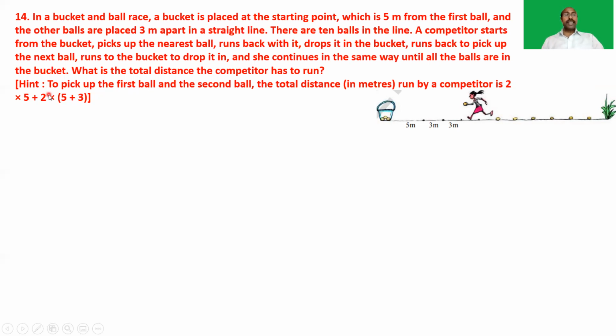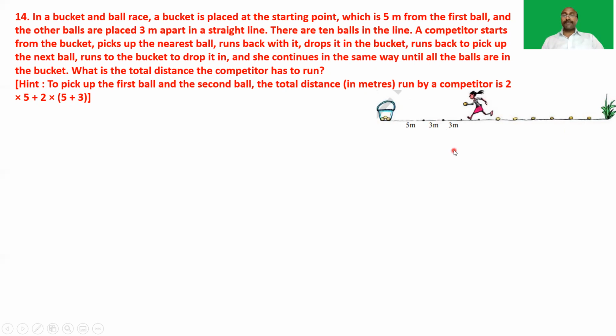So here it is given that to pick up the first ball and the second ball, the total distance run by the competitor is 2 into 5 plus 2 into (5 plus 3). Okay, friends, that is the question.